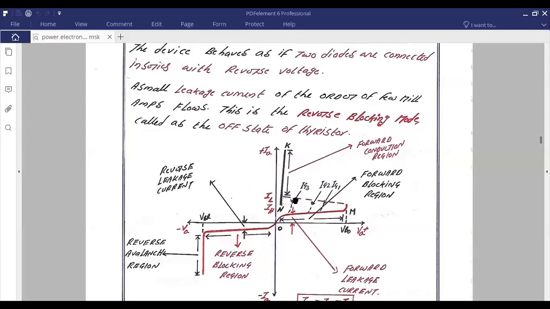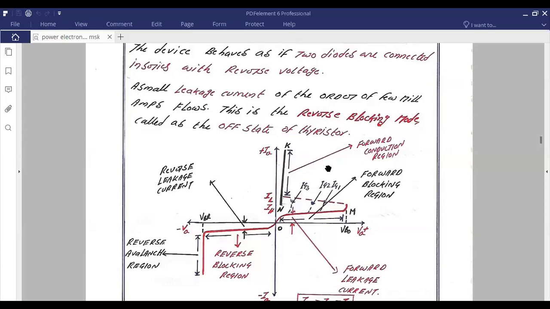Here you consider the gate current to be 15 milliamps. When 15 milliamps of gate current is provided and you increase the forward voltage, the device comes into conduction at 20 volts.